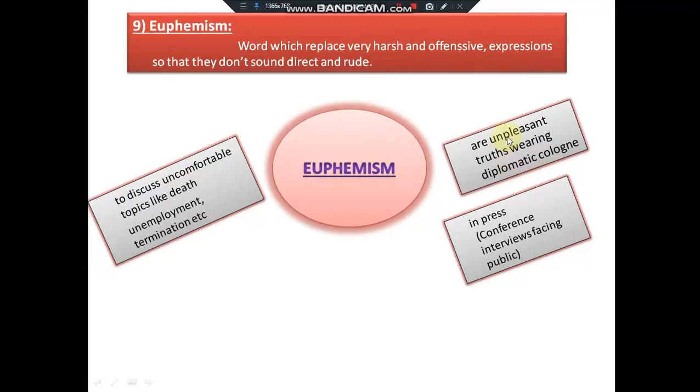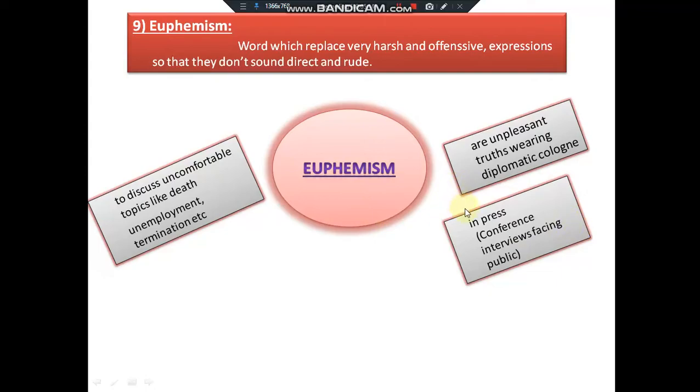It means that unpleasant expressions are replaced with words that produce a pleasant smell, that do not produce odor to the reader or the listener. Rather, they cover the whole effect. This is the euphemism.